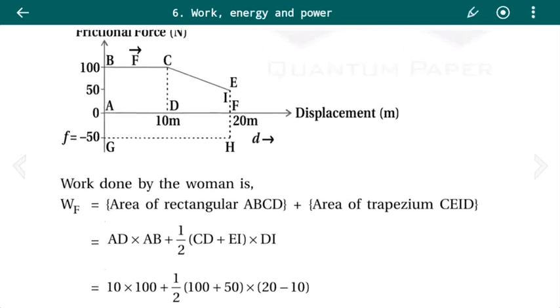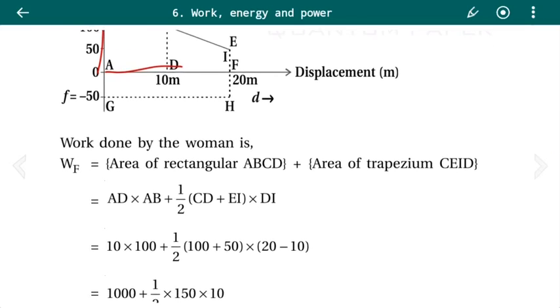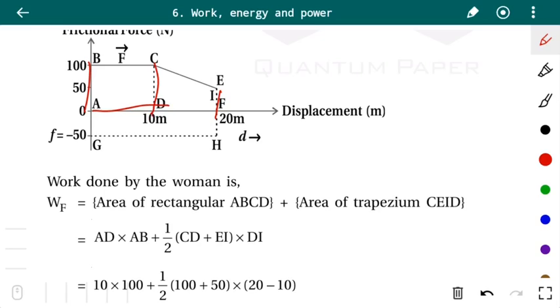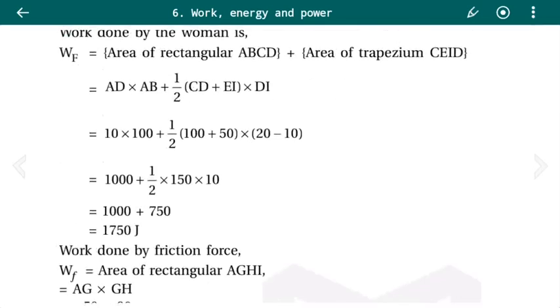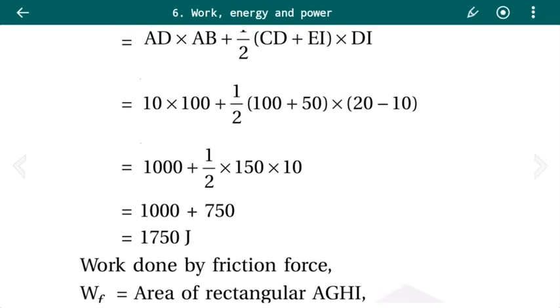That is, AD over here you can see it is 10 meter, AB that is 100 Newton, plus half into CD, that is again 100 Newton, plus EI, that is 50 Newton, into DI, that is this much distance, which is 20 minus 10, that is 10 meter. So when you calculate this, you will be getting 1000 plus 750, that is 1750 joule.